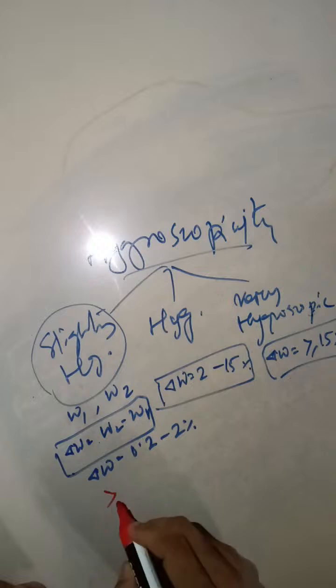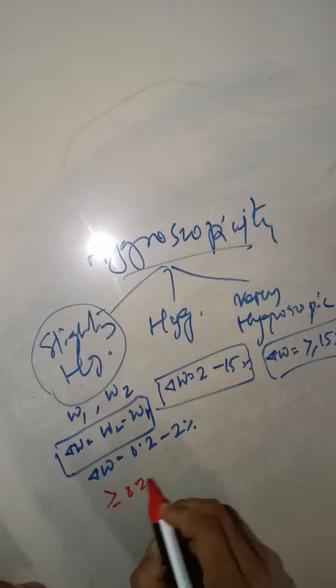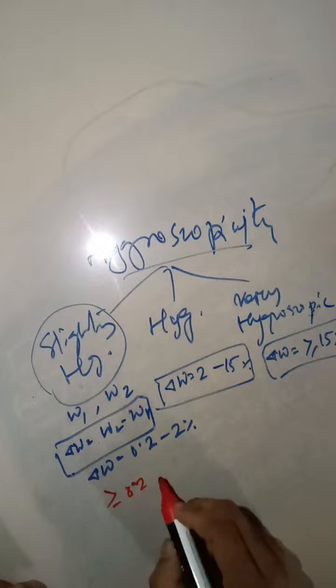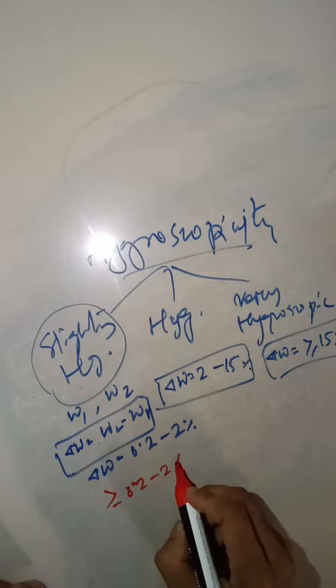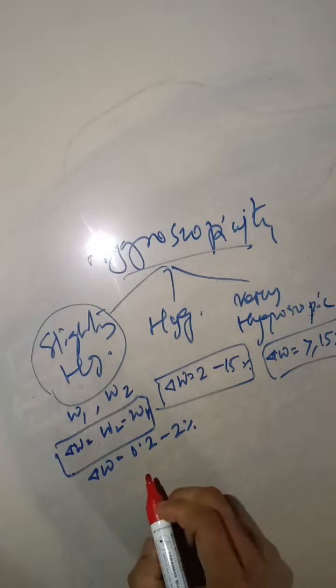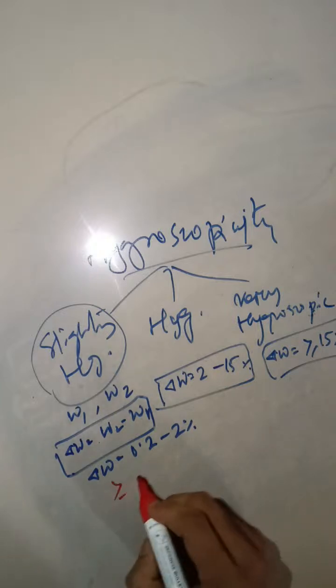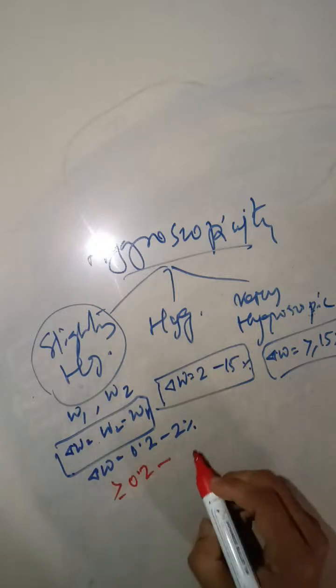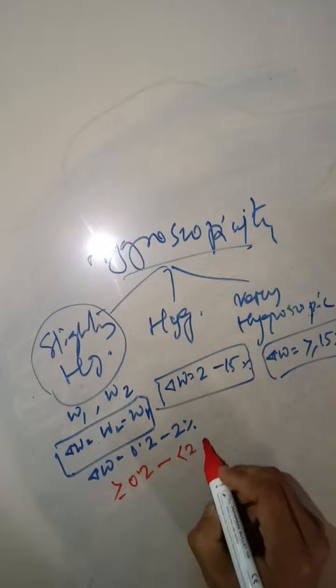So these three points are most important. You have to remember that. One is del W between 0.2 to 2%.